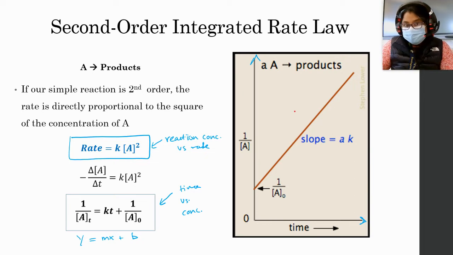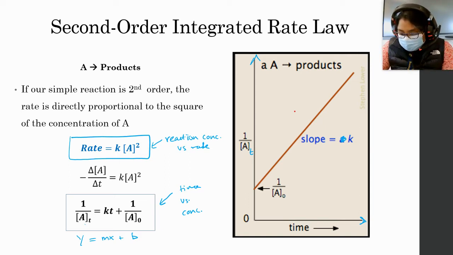So for all three graphs, time is always your x-axis. The y-intercept is going to be 1 over the concentration of A at time 0. Y is 1 over the concentration of A at time t. The slope is positive here, and the rate constant is k.